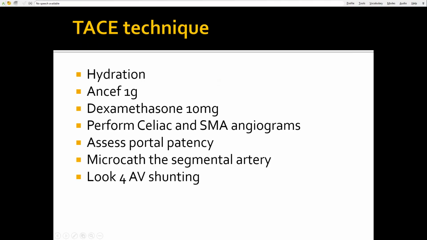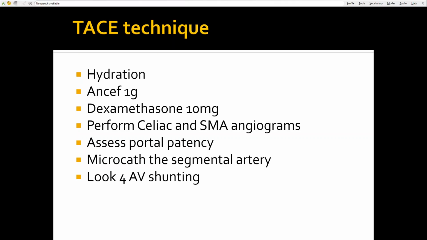So, a little bit about the technique. You want to keep the patient hydrated. That's key. In general, we give them a gram of Ancef. Sometimes you could use some steroids to help decrease some of the inflammation. You basically do a conventional angiogram, which I'm sure many of you have seen before. I would typically start with an SMA run and look for any variant anatomy.